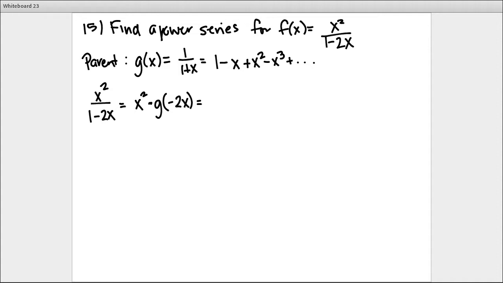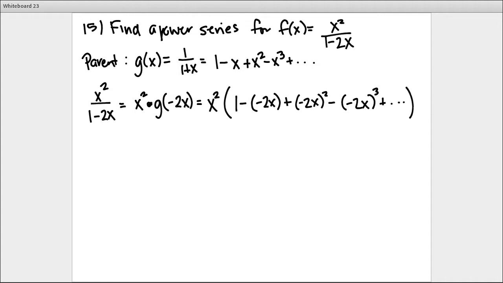And so I'm going to leave the x squared out front, and I'm going to plug a negative 2x into all of the x's. So 1 minus negative 2x, and then plus a negative 2x squared, and then minus negative 2x quantity cubed, and it keeps on going like that. I'll simplify inside the parentheses first, and that'll give me a 1, and then a positive 2x.